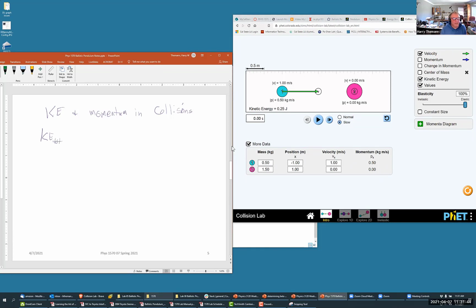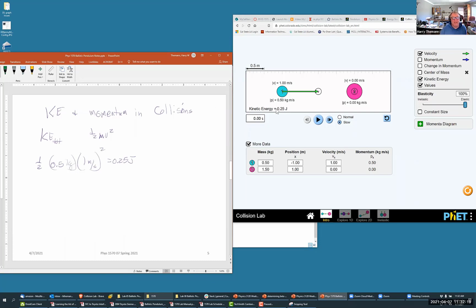So we had KE is equal to 1/2 mv squared. So we have 1/2 of 0.5 kgs and 1 meter per second squared. And that's pretty easy, 0.25 joules, because 1/2 of 0.5 is 0.25, and 1 squared is 1. And the other guy isn't moving at all, so that makes that pretty easy.